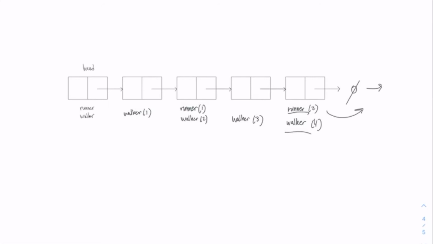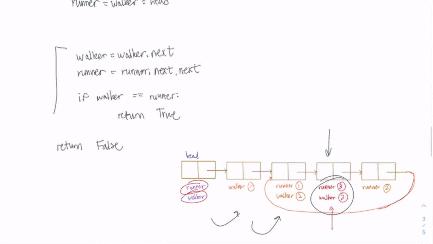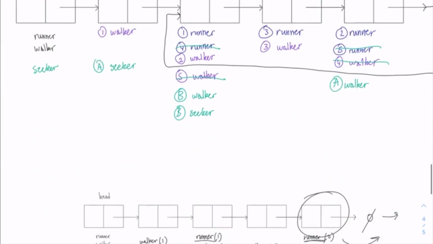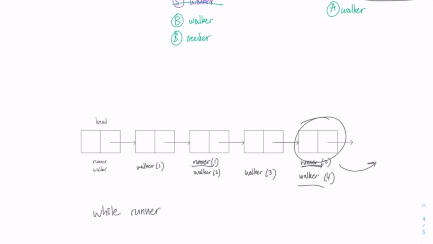So one way we could probably do this is say while runner, because whenever runner is here, the node exists. So we can say while runner do this iteration. But what if we have an even number of nodes, like so?